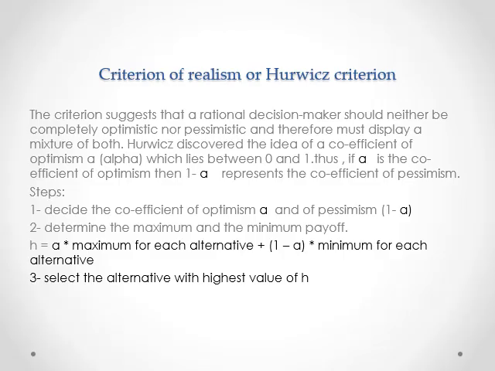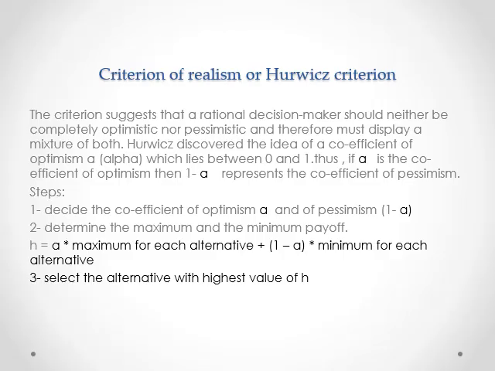Find H equal alpha times the maximum for each alternative plus 1 minus alpha times the minimum of each alternative.